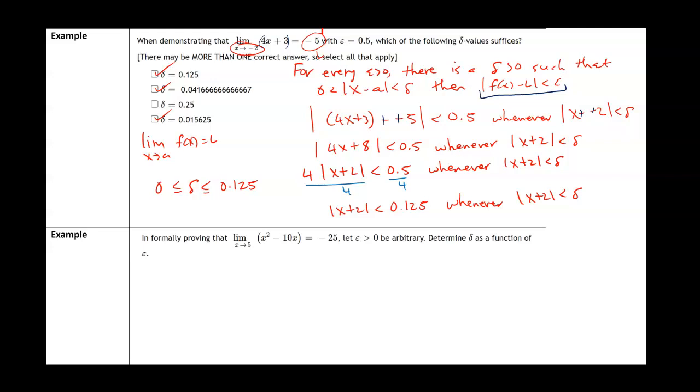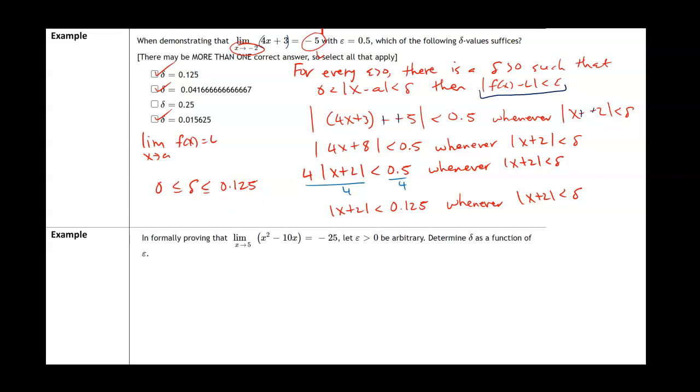Because we can pick any value of delta that's less than 0.125, we have to pick all the values that are less than 0.125, such as 0.0146, 0.015625, and those three values are going to be valid since they're all less than 0.125.